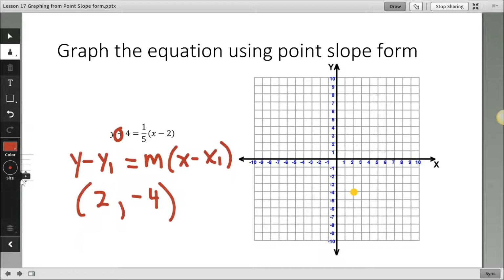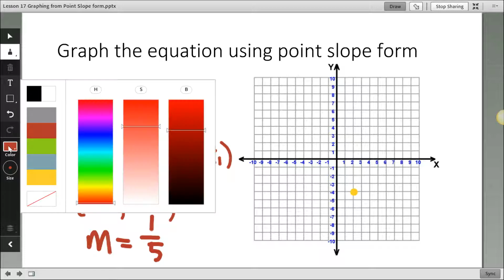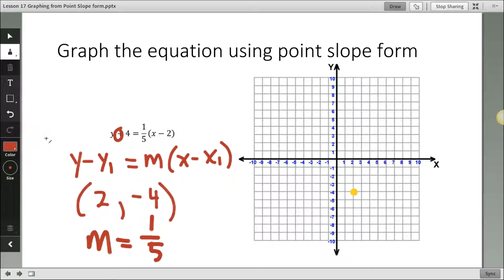And now I'm going to use the slope. The slope in this case is positive 1 over 5, 1/5. So from my initial point, I will rise 1, run 5. 1, 2, 3, 4, 5.